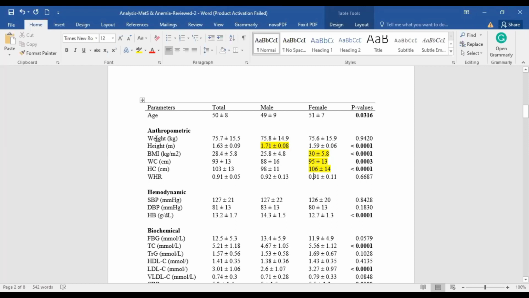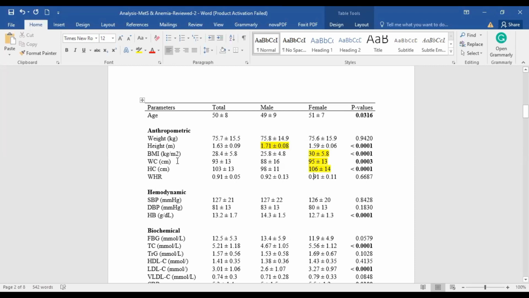So we're going to say that for the anthropometric measures, the weight and then the waist to hip ratio of males and females were statistically comparable. However, the height of males was higher than that of females, and we'll put this p-value in brackets.